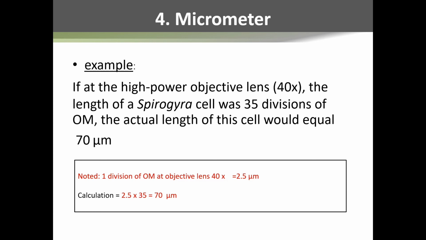We simply multiply 2.5 micrometers with the number of divisions of the ocular micrometer. Then, the actual length of this cell is 2.5 times 35 equal to 70 micrometers.